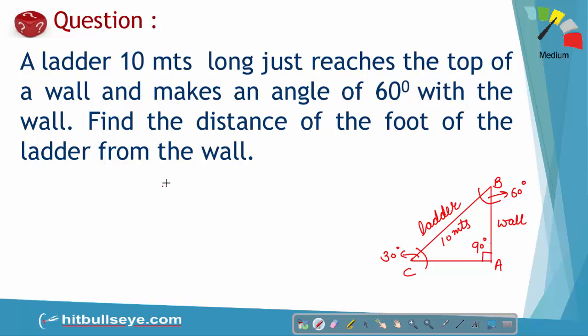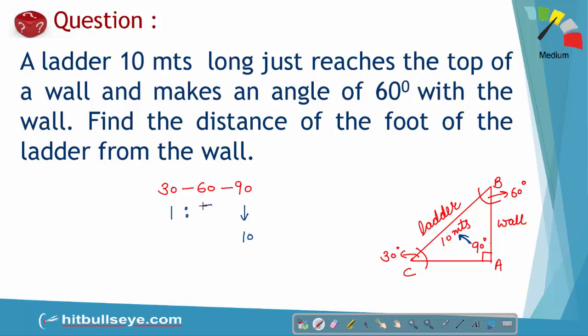Again, we have a 30, 60, 90 triangle. We want to calculate the distance of the foot of the ladder from the wall. It means we want to calculate AC. Now, you can see that the length opposite to 90 degree is given as 10 meters. So opposite to 90, I'm writing 10.